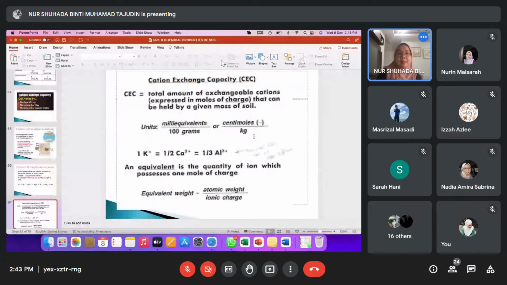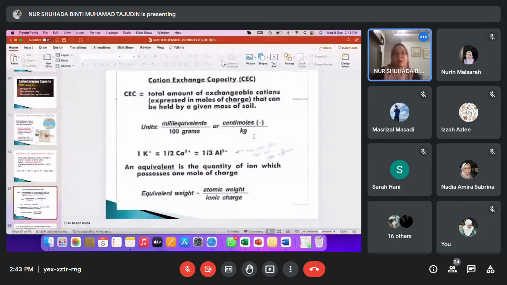Then the next stage is when you understand how it is in the environment, you want to calculate how much is the cation exchange capacity in soil. CEC is the total amount of exchangeable cations, which is usually expressed in moles of charge. I said just now that we have to consider the charge. That can be held by a given mass of soil.